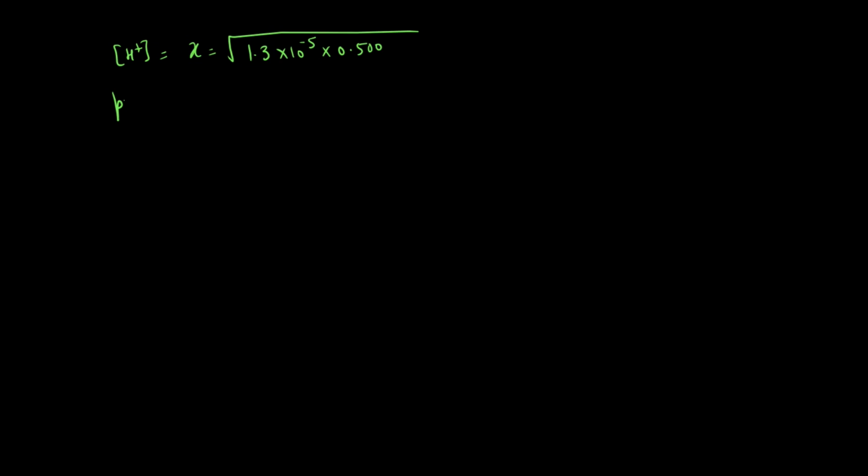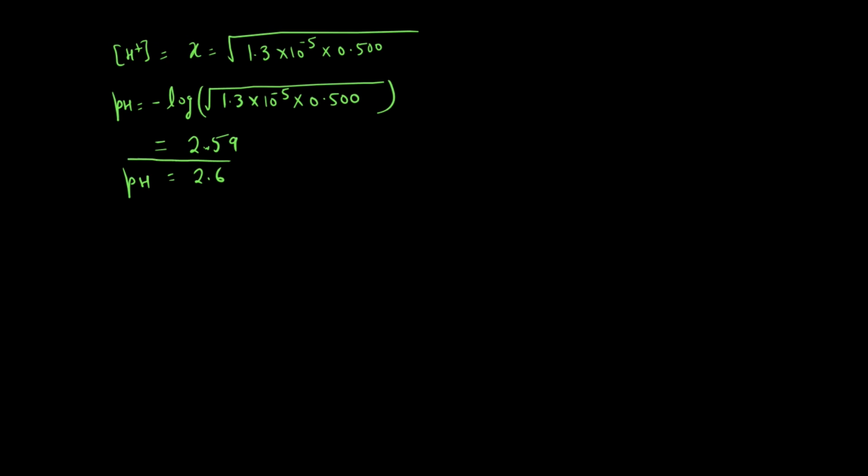So the pH will be negative log to the base 10 of the H⁺ ion concentration, and the H⁺ ion concentration is this. So this will give you the required pH. This value comes out to be 2.59. We can round it off, so this will be a pH of 2.6. So this is the answer.